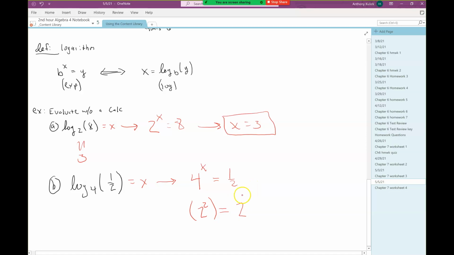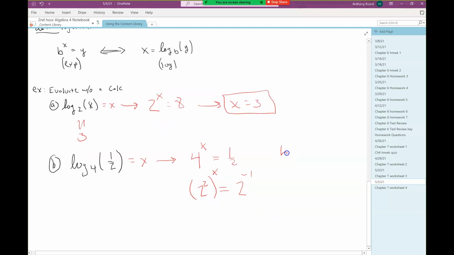And 1/2 is just 2 to the negative 1. Everybody okay with that? Remember we had that exponent rule. That's what I used to get 1/2 equal to 2 to the negative 1, right? Okay. So I have an exponent of an exponent.